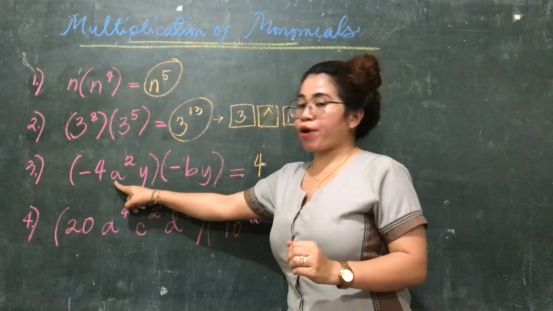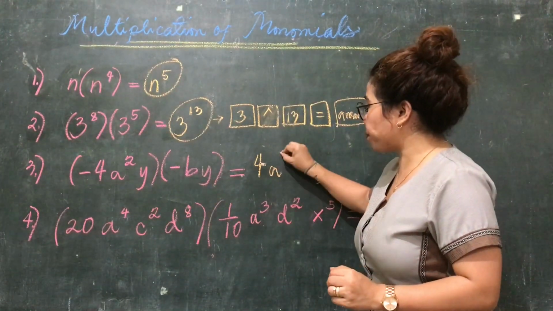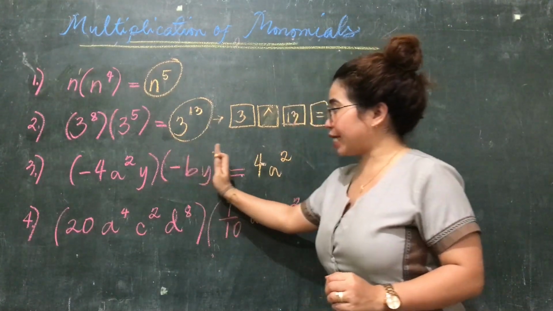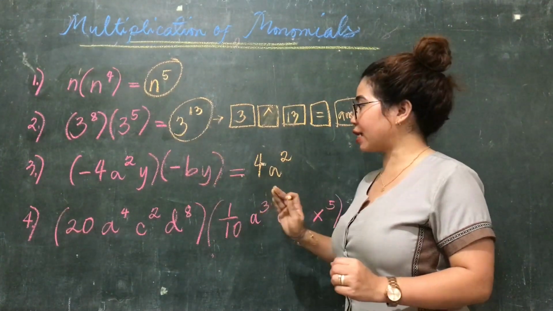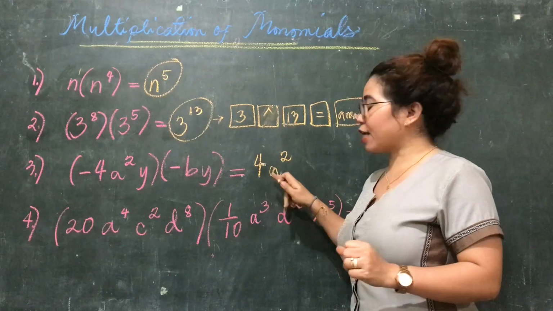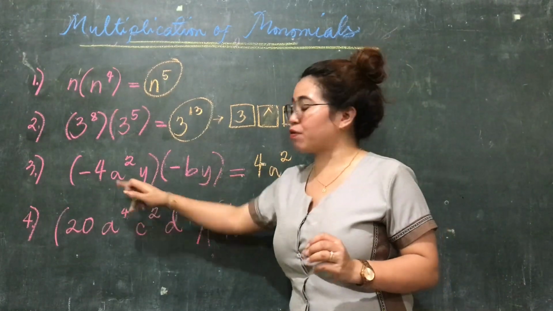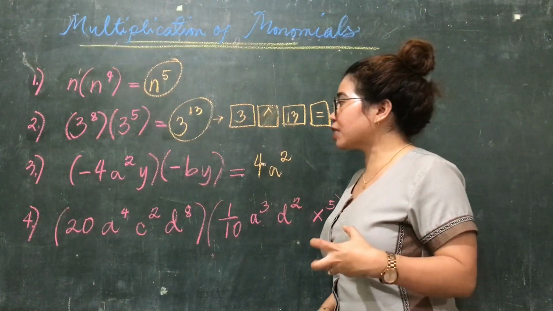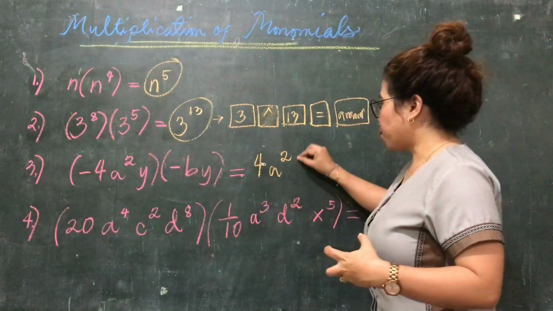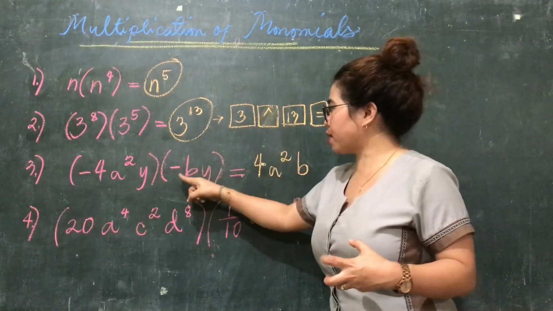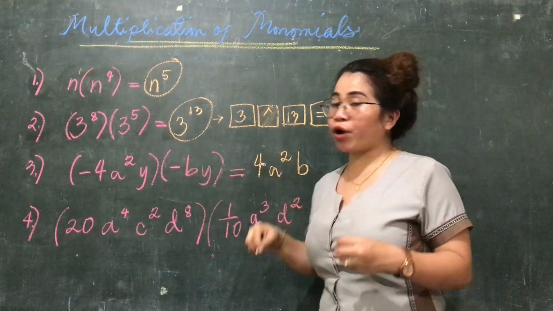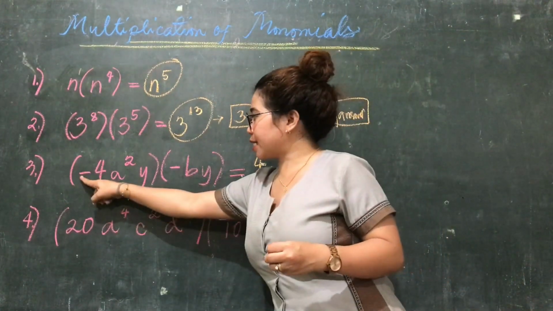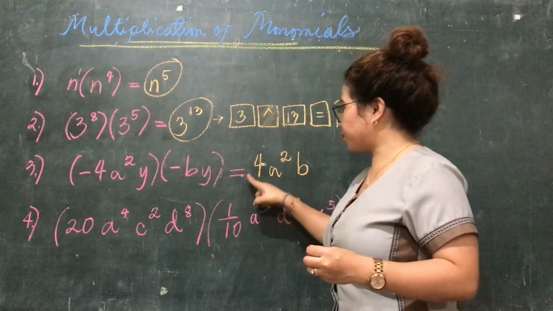Naay a squared. Kana si a squared, kopyaha lang, kay wala may a dire. Wala siya kaparehas. Unya isa pa, siya ang atong unahon og sulat, kay siya may nauna sa alphabet. I-arrange nato siya daan kumbaga. And then next will be b. Kopya lang na si b, basig minus b man na. Okay na ba ta sa sign? Kay negative times negative, the answer is positive.